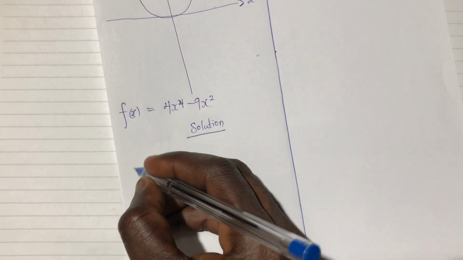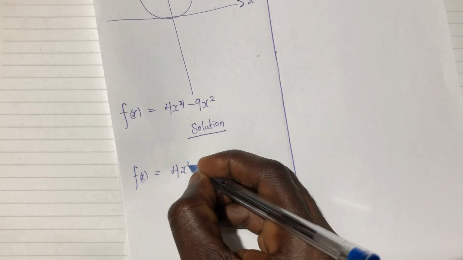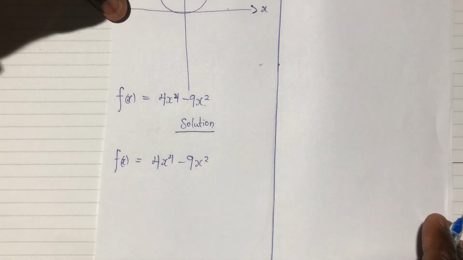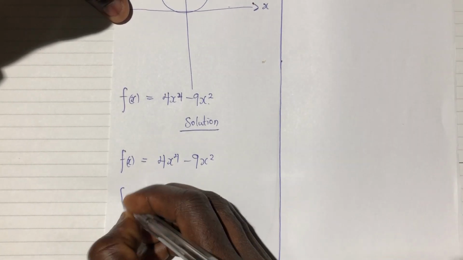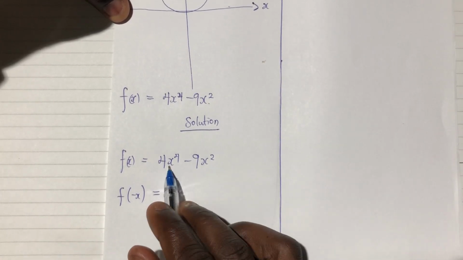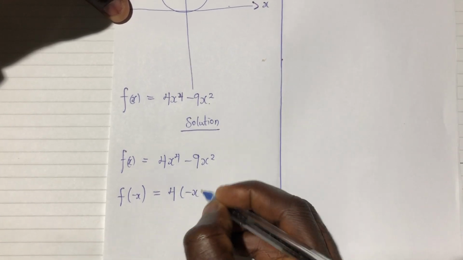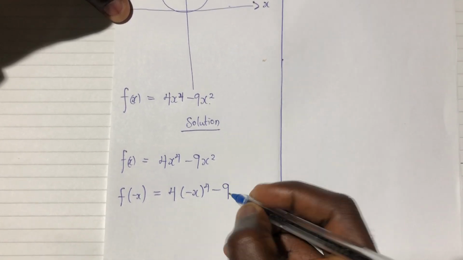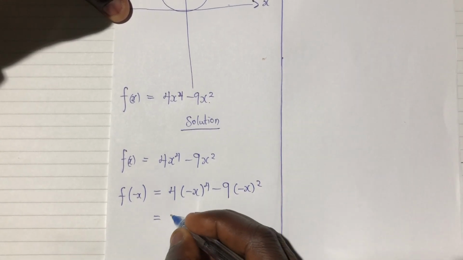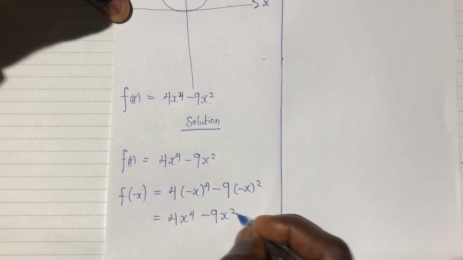So say that f of x equals 4x^4 minus 9x squared. So we test with a negative x by saying f of negative x, and wherever we see x here, we substitute negative x. 4 times negative x raised to the power 4 minus 9 times negative x raised to the power 2, and the answer is still 4x^4 minus 9x squared.